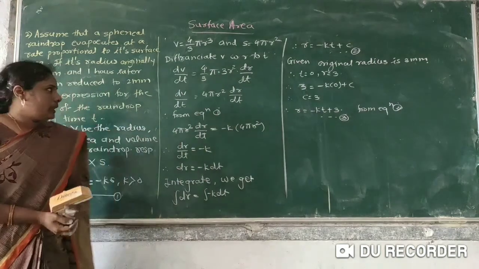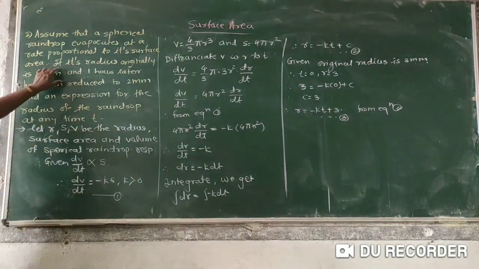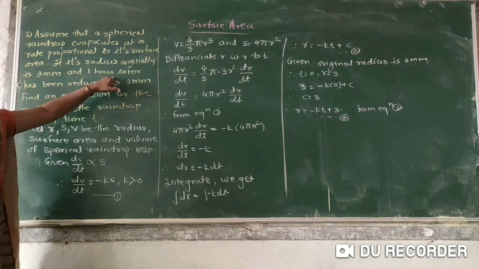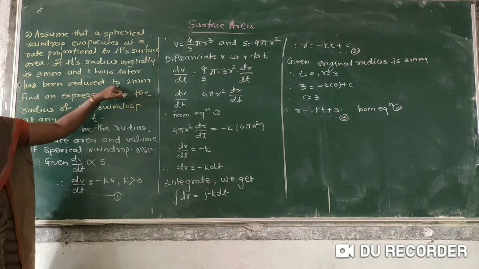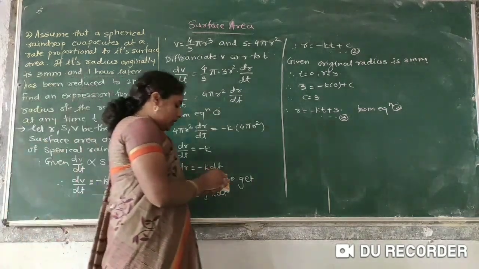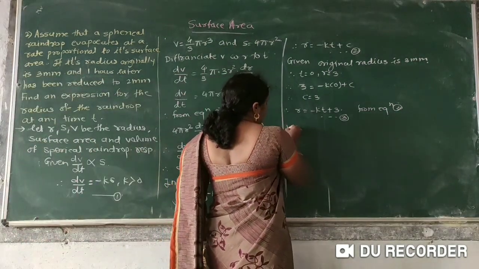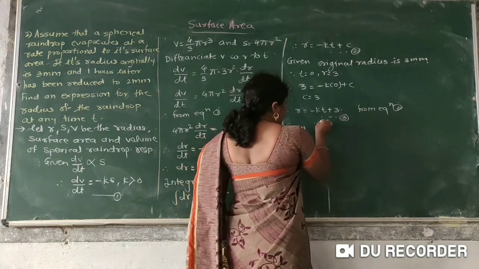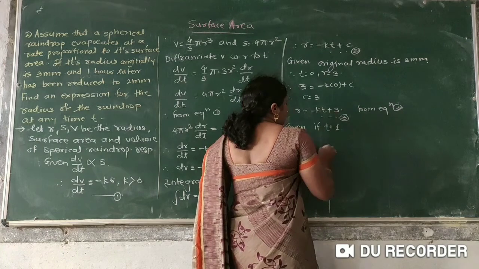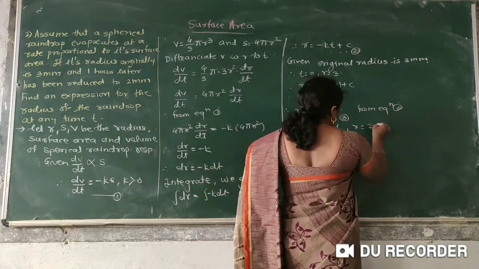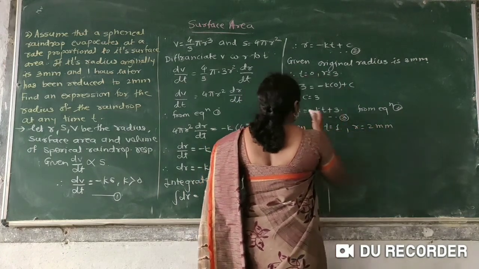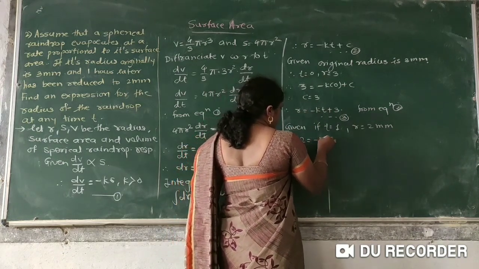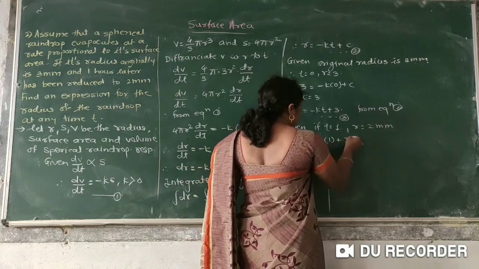Now look at what is given next. If its radius originally is 3 mm and 1 hour later it has been reduced to 2 mm, that is, at 1 hour later, t = 1 hour, then r = 2 mm. Substituting this value, we get 2 = -k into 1 + 3.